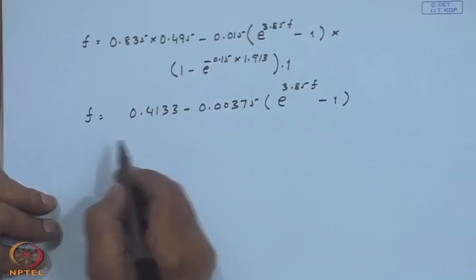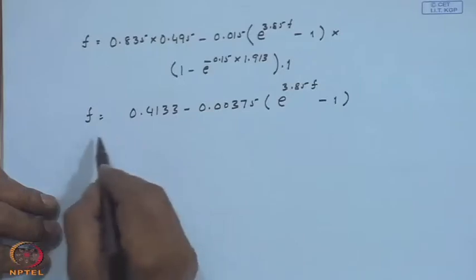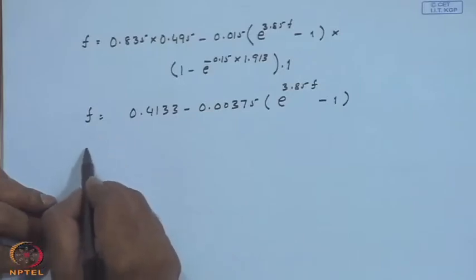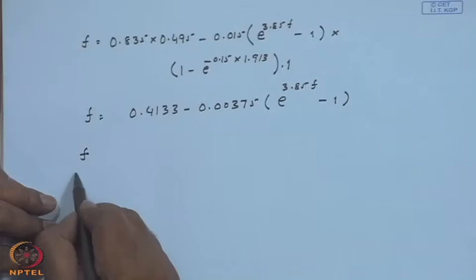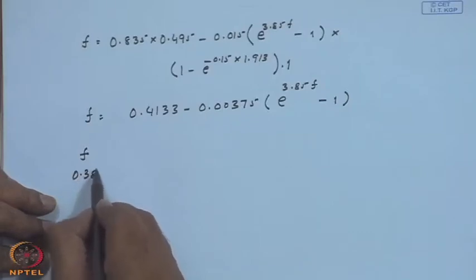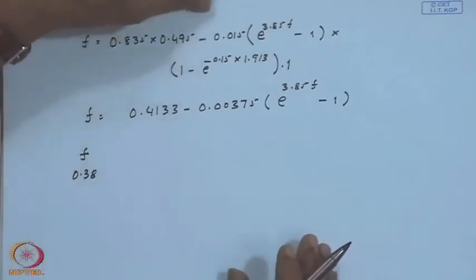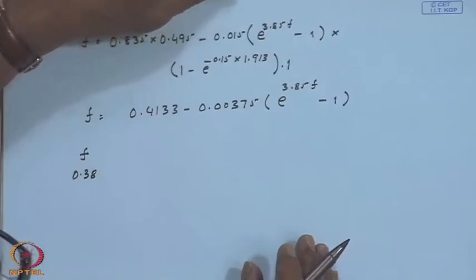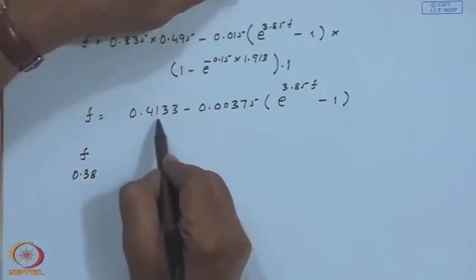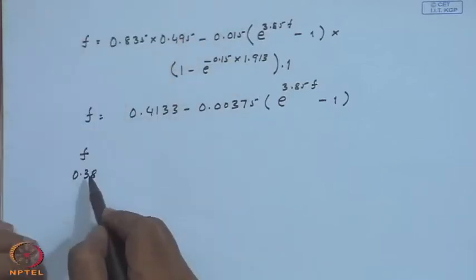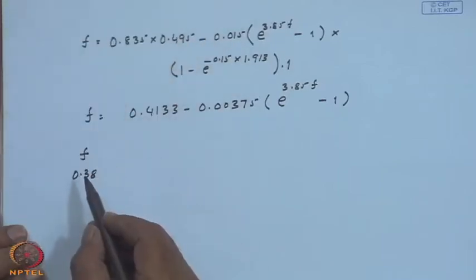We will start with a guess of f. Let us take it as 0.38, because we calculated by the f chart. If it is to be close, it could be 0.438 and should be less than 0.4133. So, it justifies that I will choose some value like 0.38.